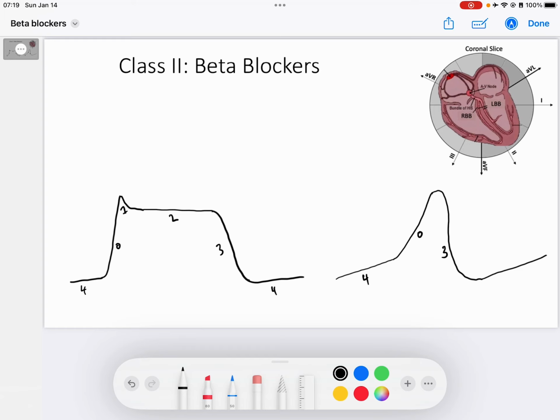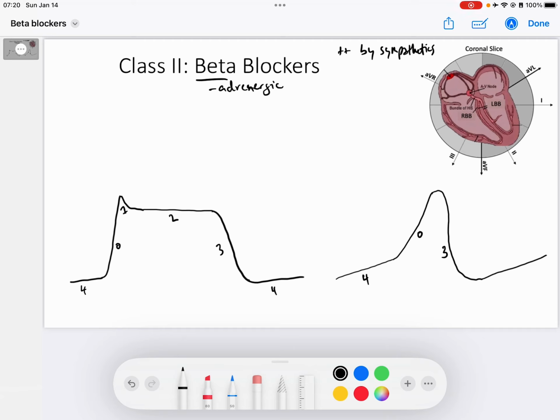Today we're going to go over beta blockers, our second class of antiarrhythmics, class 2. Beta blockers, as their name suggests, block beta receptors, specifically beta adrenergic receptors, which are stimulated by our sympathetics.